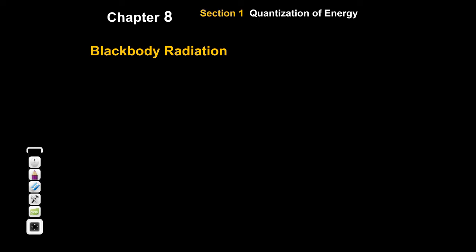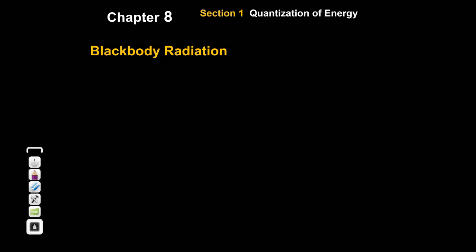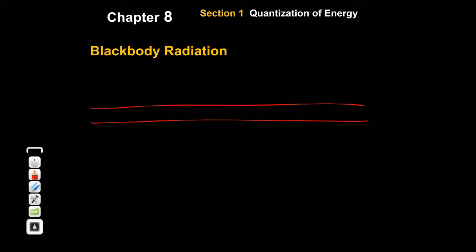And we know that blackbody radiation, if we see the wavelength spectrum, starts with X-ray, gamma ray, maybe the microwave, or the radio waves.